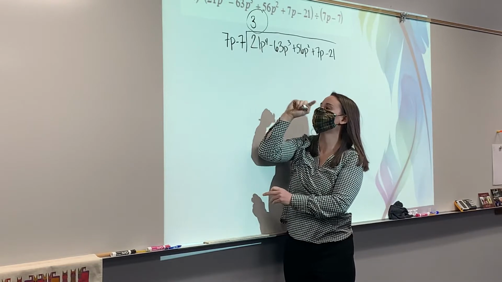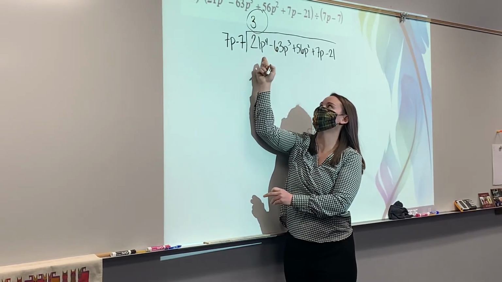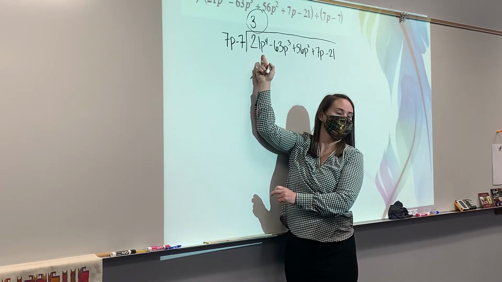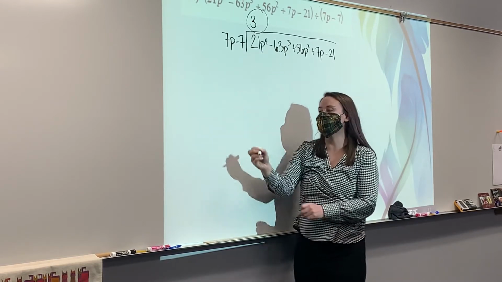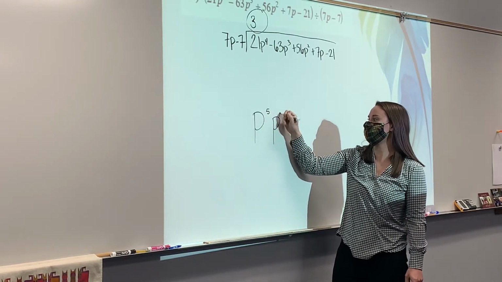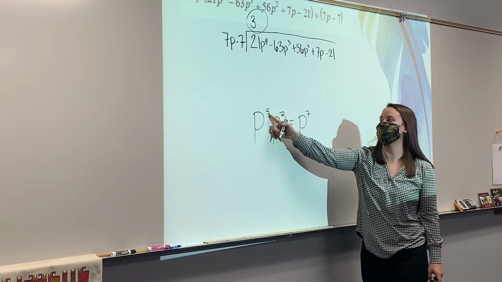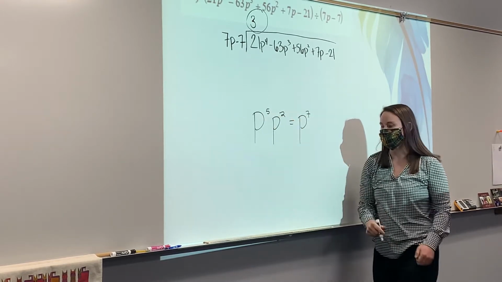And then I say p to the what power times p gives me p to the 4th. Remember our rule that if you have p to the 5th times p squared, that's going to be p to the 7th because we do 5 plus 2 is 7.